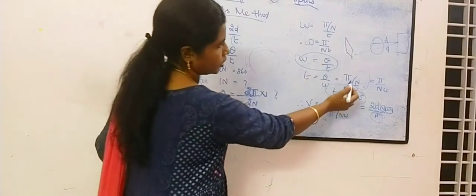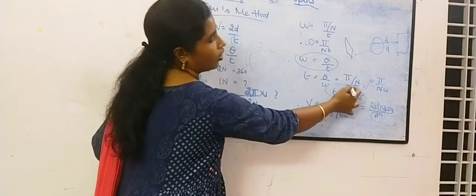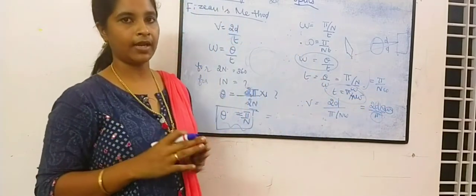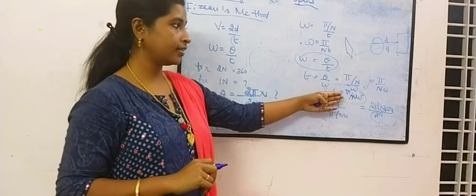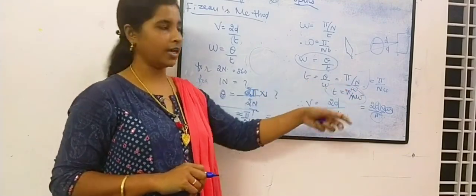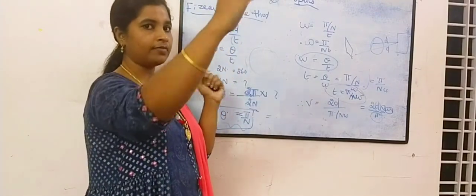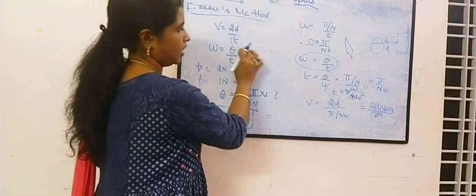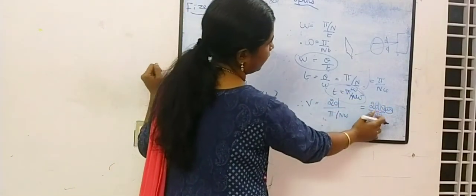Pi by n. Substitute, pi by n divided by omega, that is pi by n omega. Now I got the time, which is equal to pi by n omega. Can I calculate the velocity? Yes. Velocity is equal to displacement by time. The displacement is the distance to go and come back, 2d by t. So 2d by pi n omega, that is equal to 2d n omega by pi.